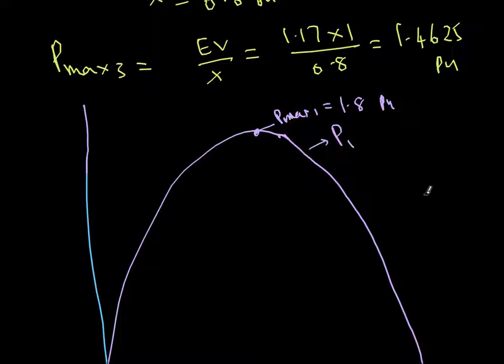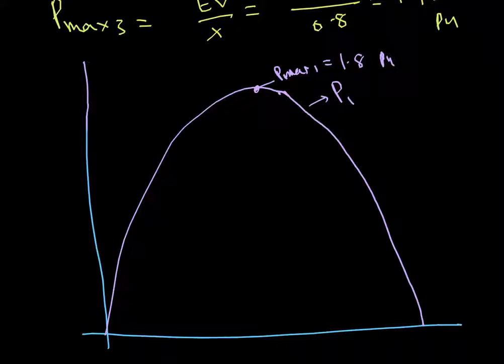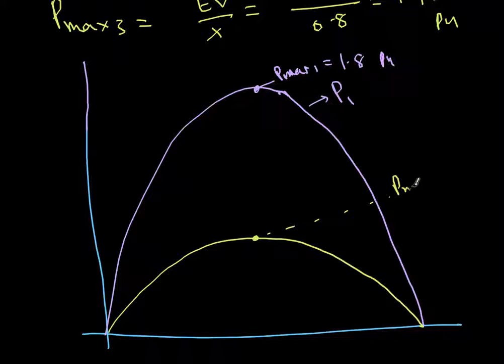This is under normal operation. Now if I have a fault, under faulted conditions, this is my Pmax. So the height of this will be, I'll just write it here. Pmax 2 is 0.65. That's what we calculated.